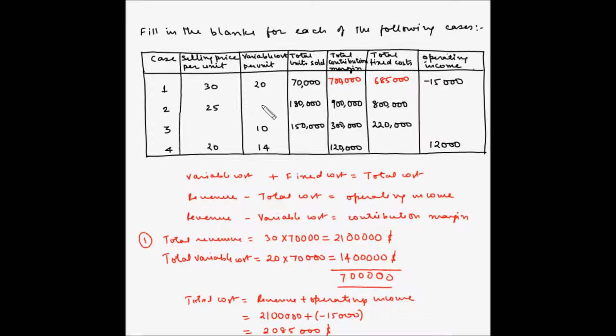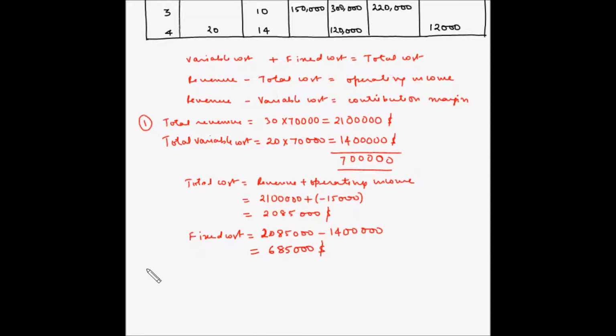So let's first try to find out the variable cost per unit. Now we know that the total contribution margin is equal to the total revenue minus the total variable cost. So we know the total revenue because we can find that out by multiplying the selling price per unit with the total unit sold. So let's find out the variable cost per unit for the case number 2.